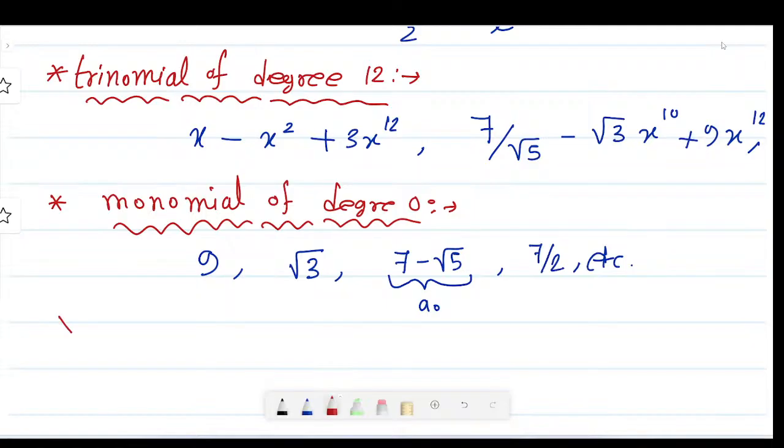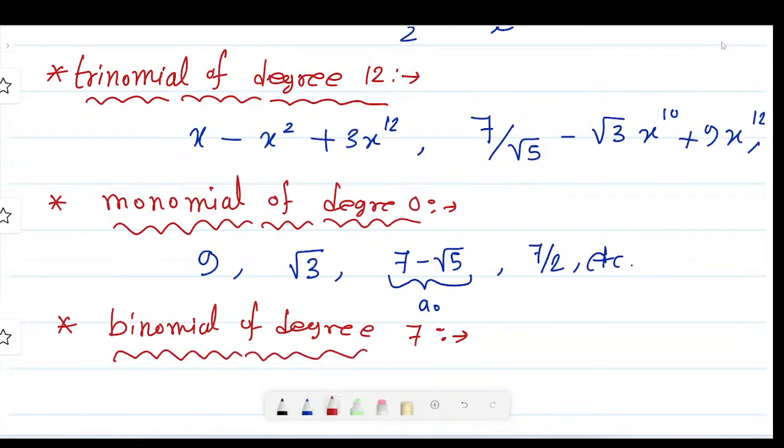Now I am giving an exercise for you. Make a binomial of degree, maybe 7. So it is your exercise to do.